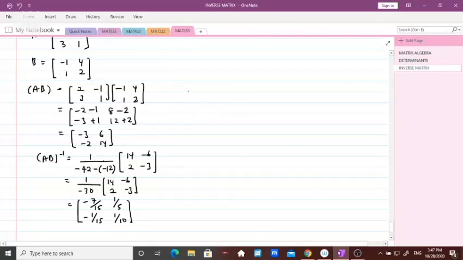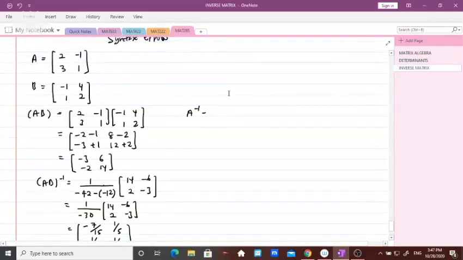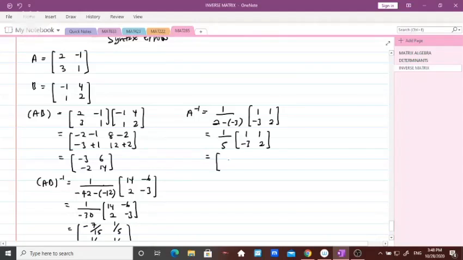Then we check the other side. Inverse A: we have 1 over (AD minus BC), D, negative B, negative C, A. We have 1 over 5, so the answer is 1 over 5, 1 over 5, negative 3 over 5, 2 over 5.